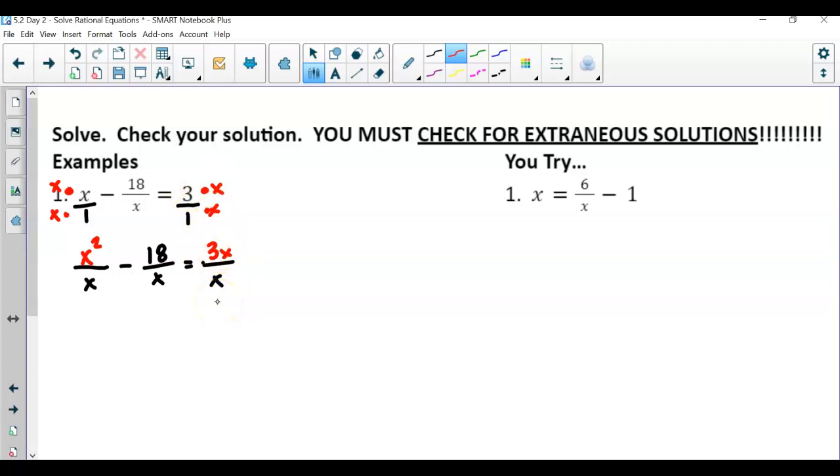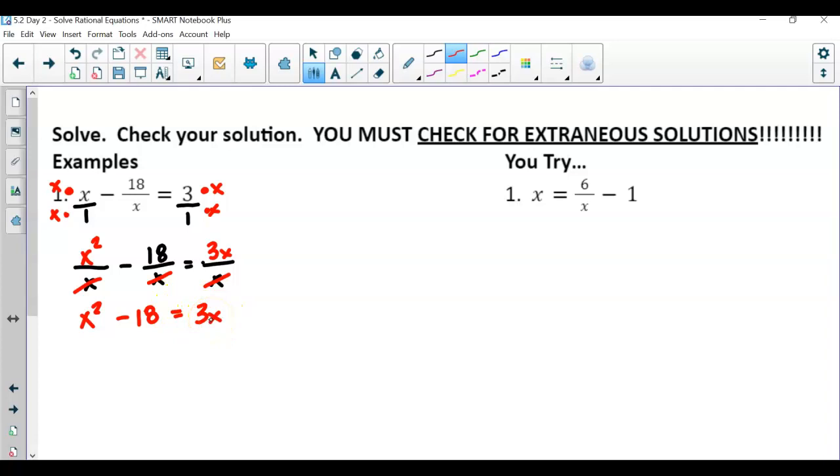So basically, if you notice, what we're doing is we're canceling out all of our denominators. So now I'm left with x squared minus 18 is equal to 3x.